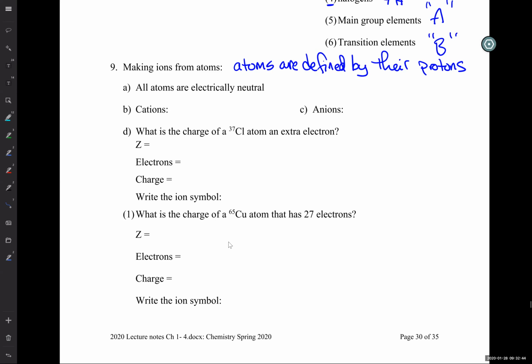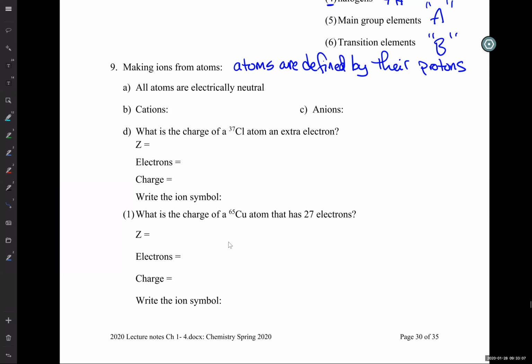And they're on the inside in the nucleus. They're hard to get out and they're hard to put in. So when you're making ions, you're only playing with the electrons. If you have an atom and you want to make an ion out of it, you're not going to be messing around with the nucleus. You're messing around with the electrons, which are around the nucleus.